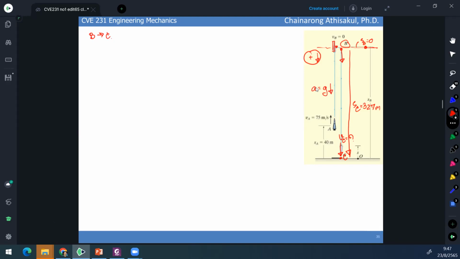For the motion from B to C, we apply the same equation, that is VC squared equal to VB squared plus 2A times SC minus SB.